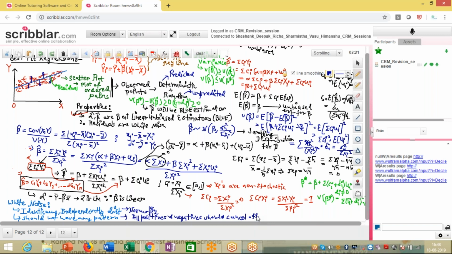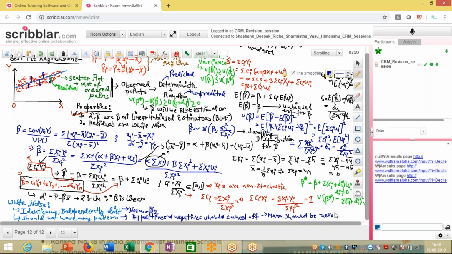Now, if all positives and negatives cancel off, what is the implication? The implication is that the mean should be 0.